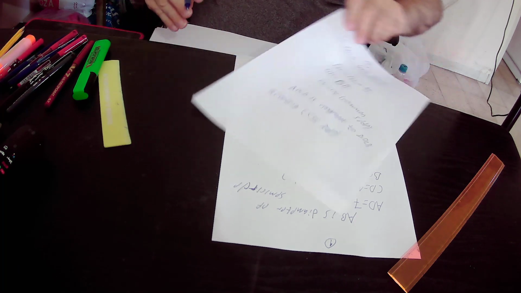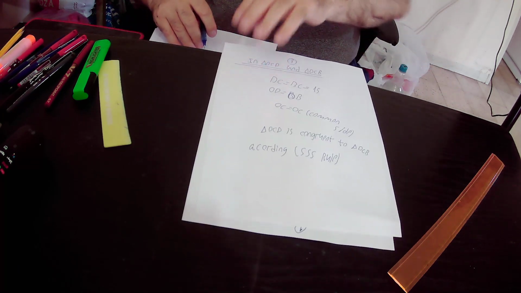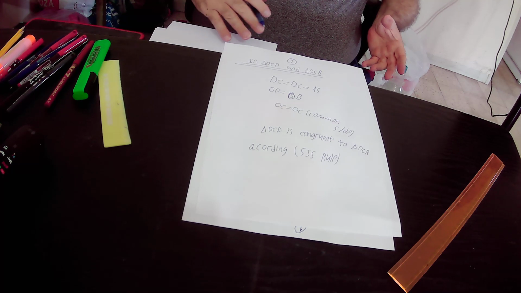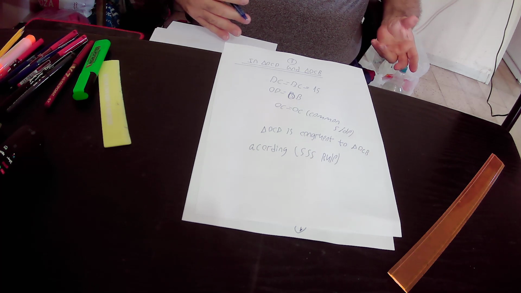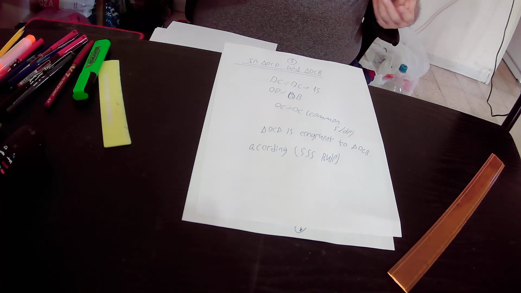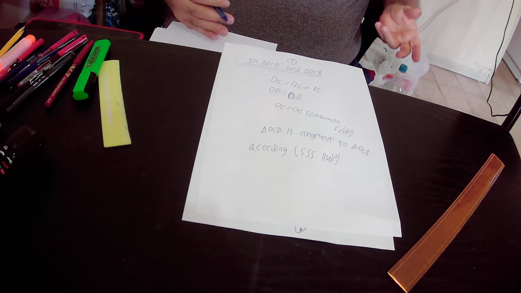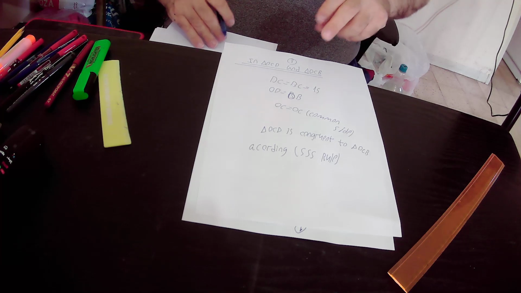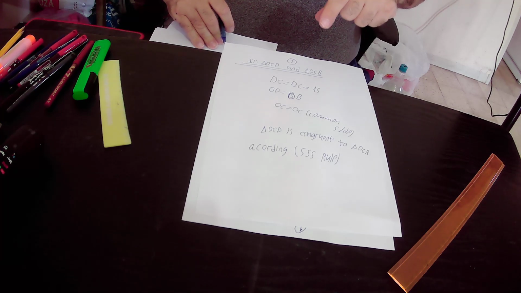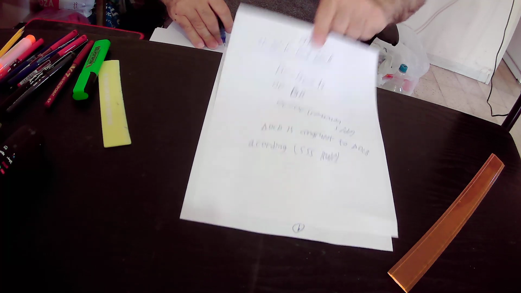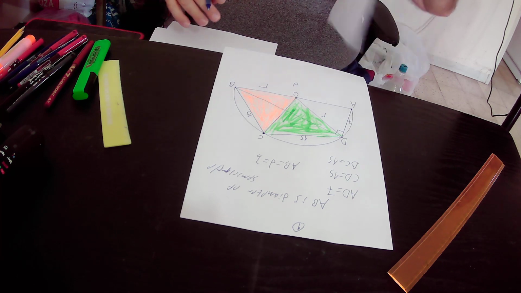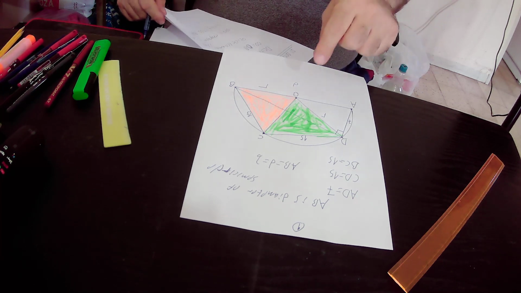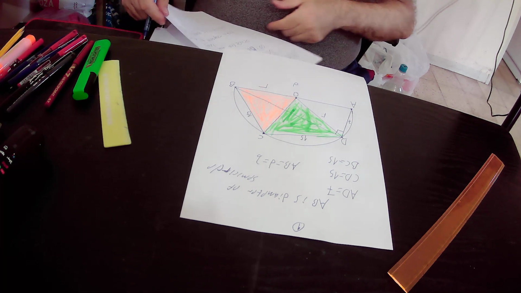The side, side, side rule states that if three sides of one triangle are equal to three sides of the second triangle, then those two triangles are congruent to each other. Therefore, we have three sides of the green triangle that equal three sides of the orange triangle, so those two triangles are congruent to each other.